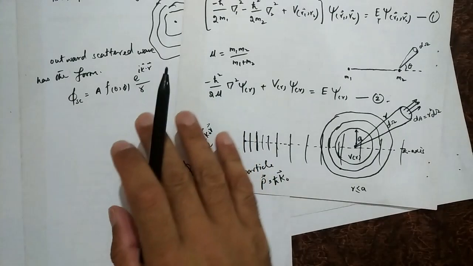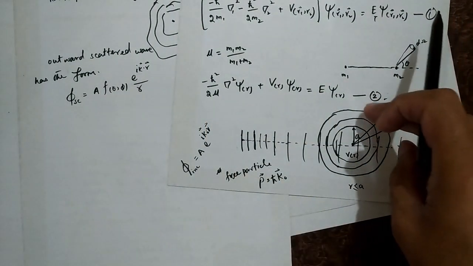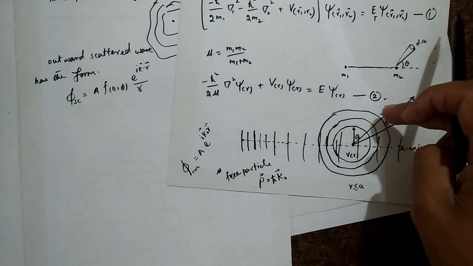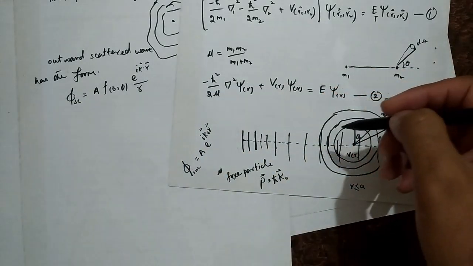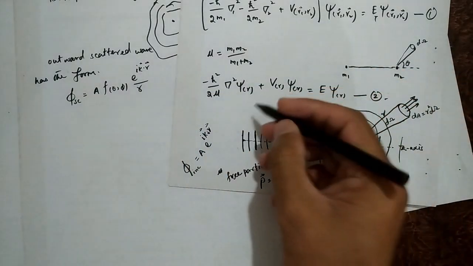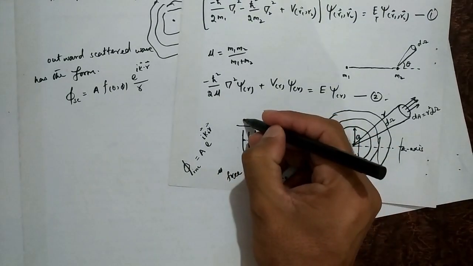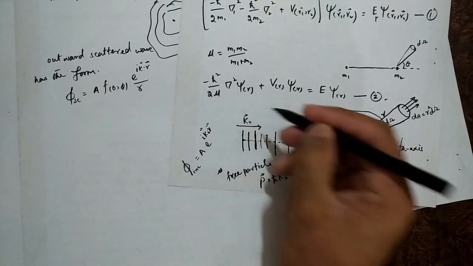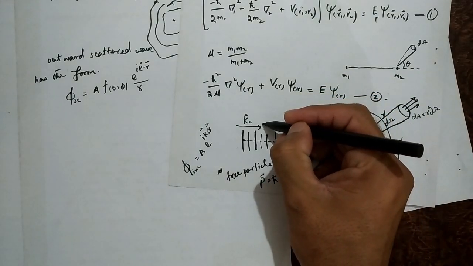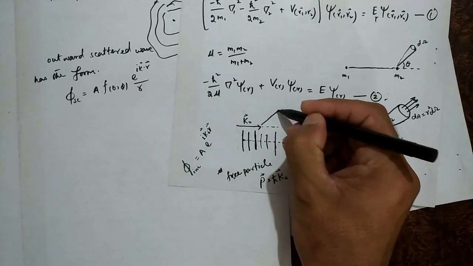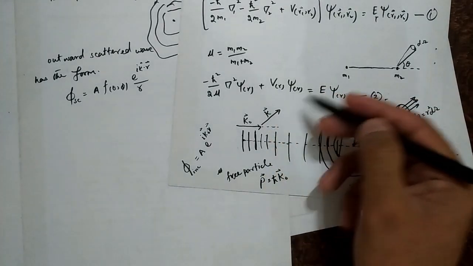Here in this equation, this f of theta represents the amplitude of the spherical scattered wave, and this k represents the wave vector in the direction of theta and phi. Initially the wave vector of the incident wave was along the z-axis, and after scattering, in the direction of theta and phi, the wave vector of the scattered wave is in this direction.